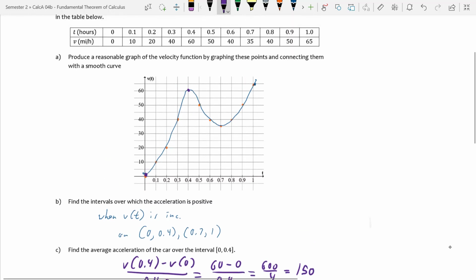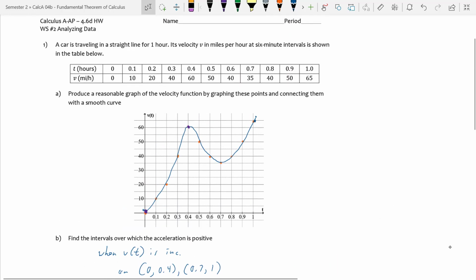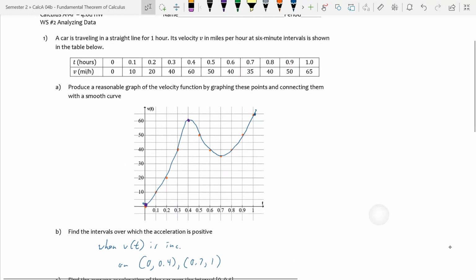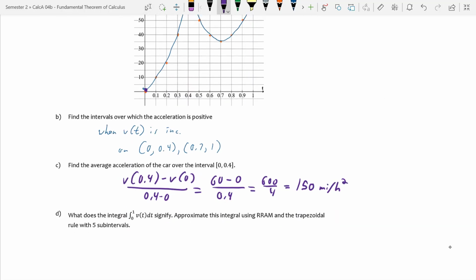And I can get a unit down on this. This would be miles per hour. And I'm checking the units on this. We're just kind of deriving with this. So this is going to be miles per hour squared, which is okay for us.